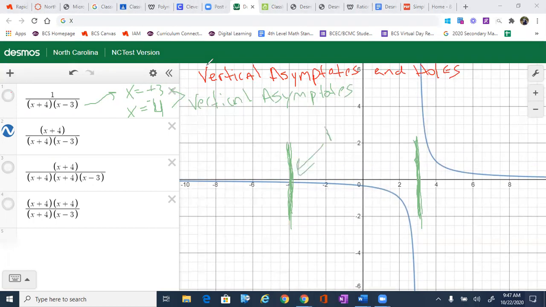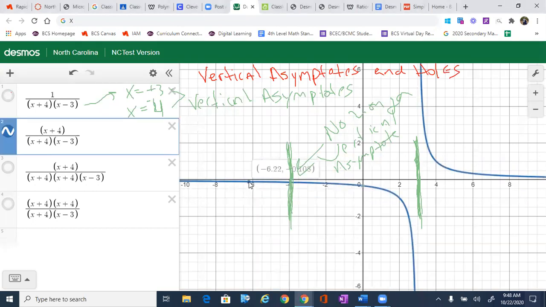this is no longer a vertical asymptote. Notice what's happened is the -4 has gone away from a vertical asymptote, and it is not showing up as a distinct value. Well, if I trace this graph to -4, check it out.